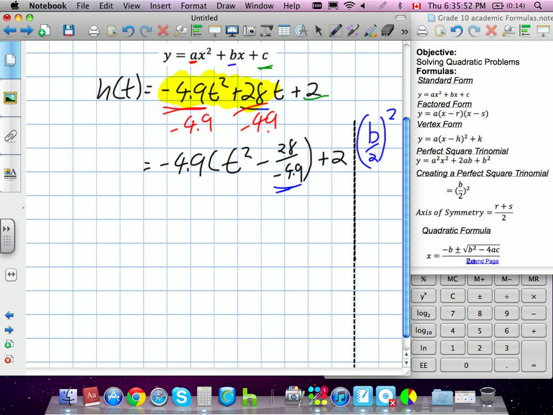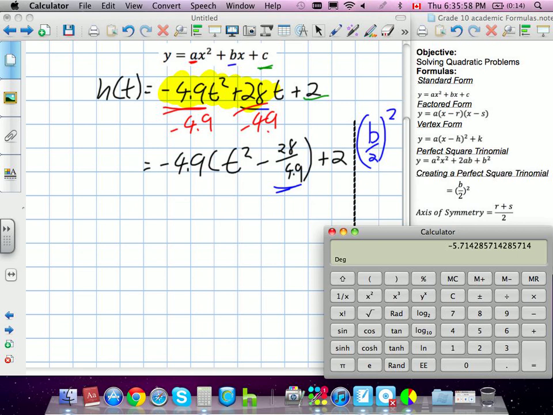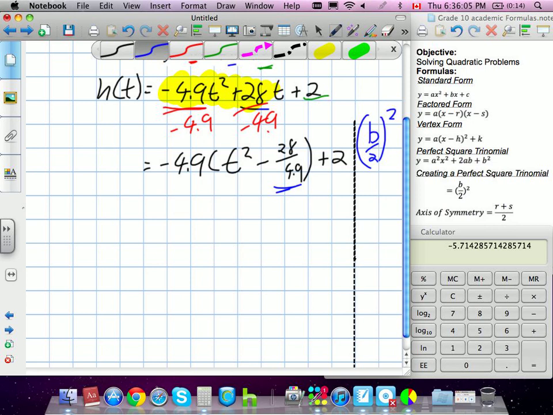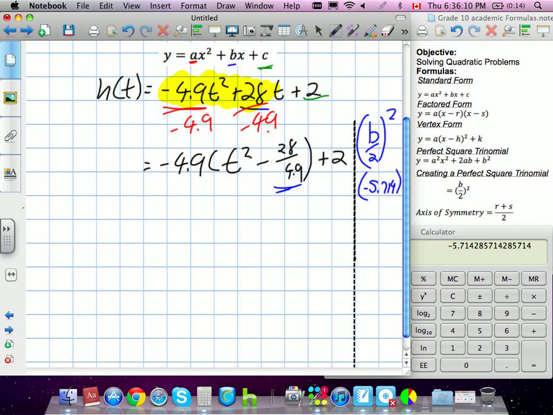So we're going to do both here, just so you see they're similar numbers. Negative 5.714 divided by 2, and then we're going to square it. So I can divide this by 2, and then square that number, and I get 8.163.